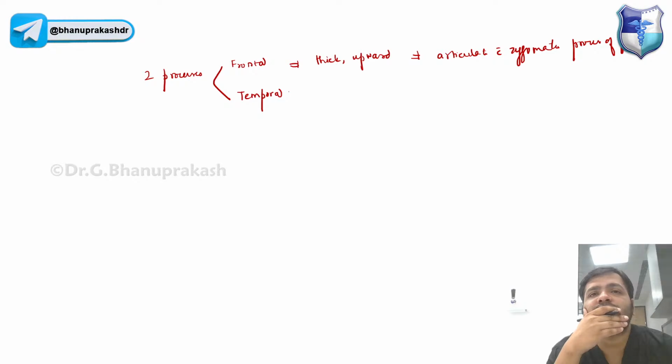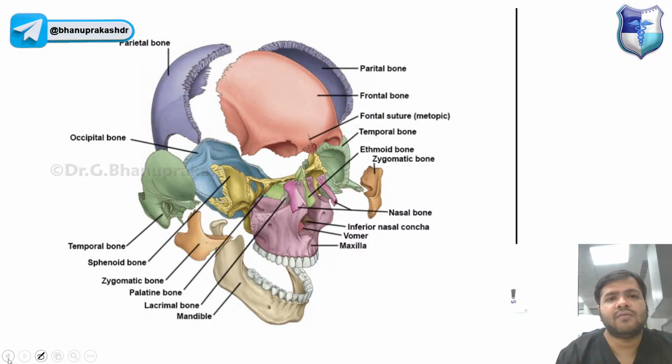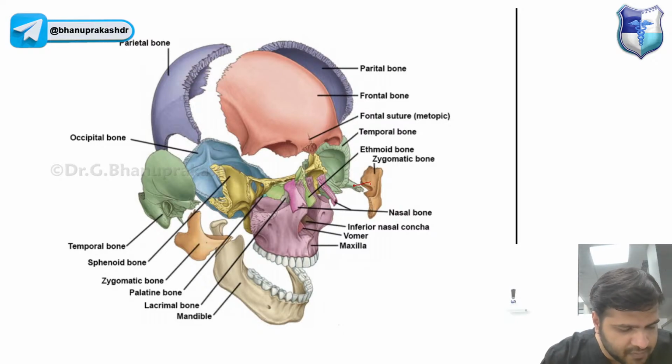Now the frontal process, the orbital surface. If I'm focusing on the surface which is inside, that is the orbital surface which forms the orbit.